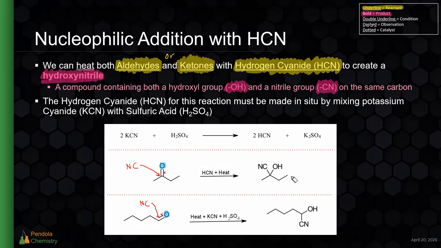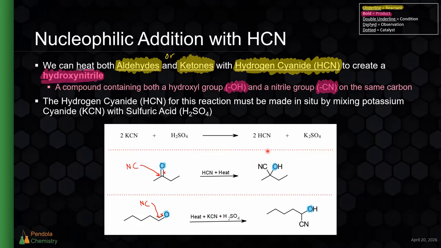So in the hydroxynitrile we see here, which has both the hydroxyl group, the OH group, the alcohol group, and the nitrile group, the C triple bond N, that oxygen in the alcohol is actually the oxygen from the carbon-oxygen double bond. A hydrogen gets added to it, and then the cyanide, the CN, comes in and gets added to the same carbon, giving us our hydroxynitrile.